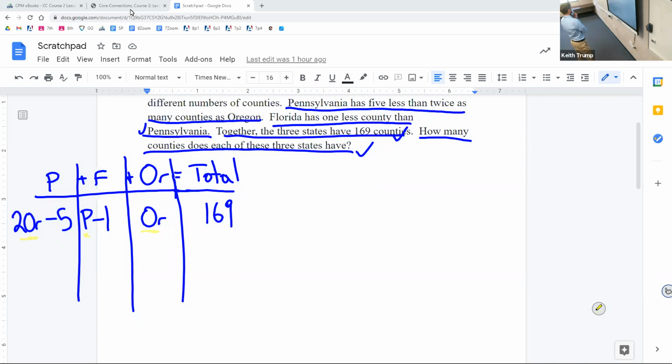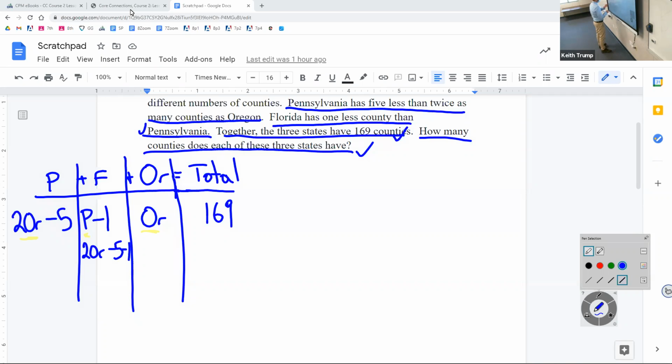Well, it says P minus 1. What is P? Well, P is 2 OR minus 5. So instead of P minus 1, maybe I can say 2 OR minus 5 minus 1 and replace that like that.